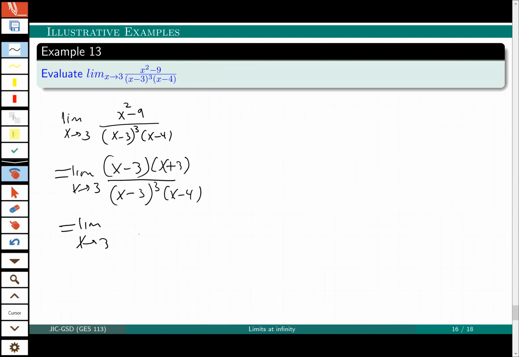This can be simplified at most to x plus 3 divided by x minus 3 all squared times x minus 4. Now, since I did not get rid of the 0, which makes the denominator equal to 0, which is x equal to 3, I must take it from left.